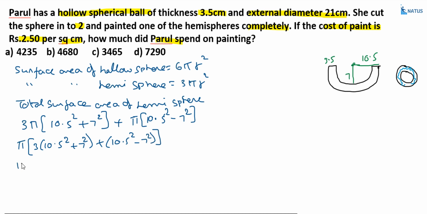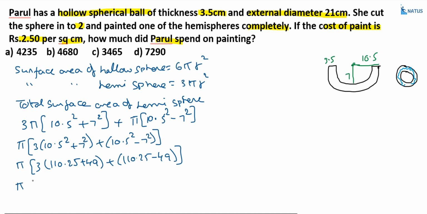So this is pi into 3 into 110.25 plus 49, plus 110.25 minus 49.